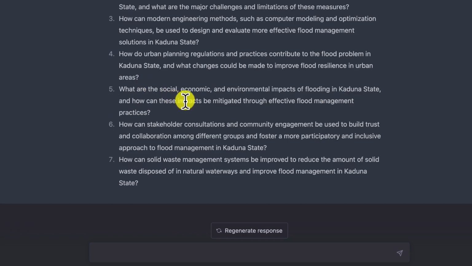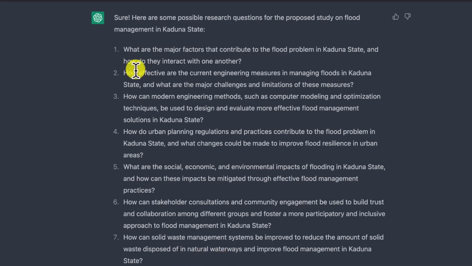You can see what are the social, economic and environmental impacts of flooding in Kaduna State, and how can stakeholder consultations and community engagement be used to build trust and collaboration among different groups and foster a more participatory and inclusive approach to flood management in Kaduna State? How can solid waste management systems be improved to reduce the amount of solid waste disposed of in natural waterways? Okay, so these are very, very interesting questions that we can add as part of our research questions to lead to maybe hypotheses or thereabout.